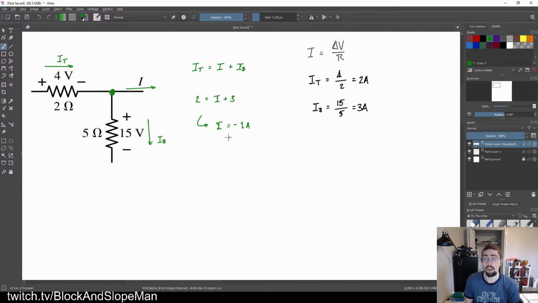And that's not a big deal, because the magnitude is the same. This says actual current is 1 amp to the left. That's all.